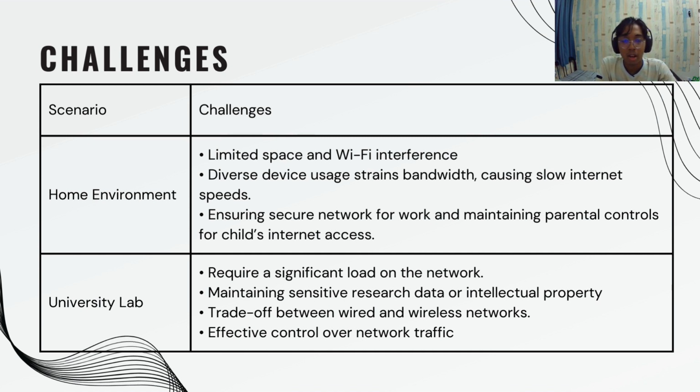For the last point, maintaining parental control for child internet access. In a household with children, there is a concern about controlling and monitoring their internet access to ensure age-appropriate content and protect them from potential online risks.